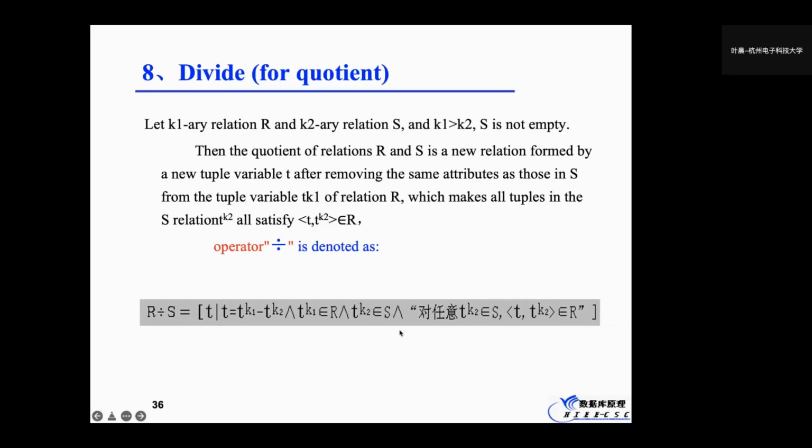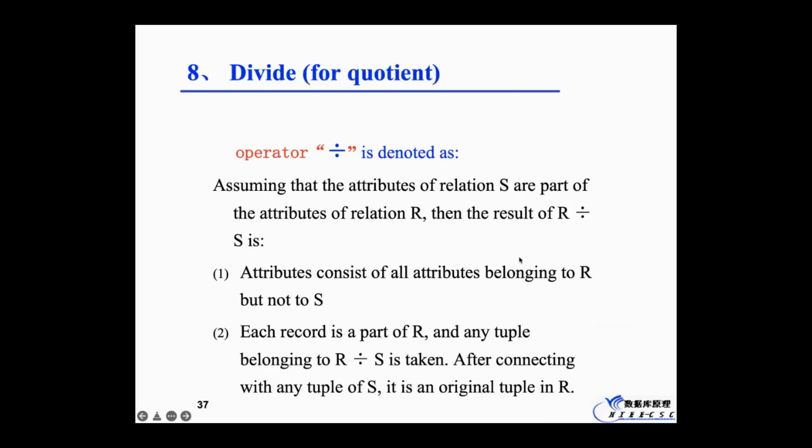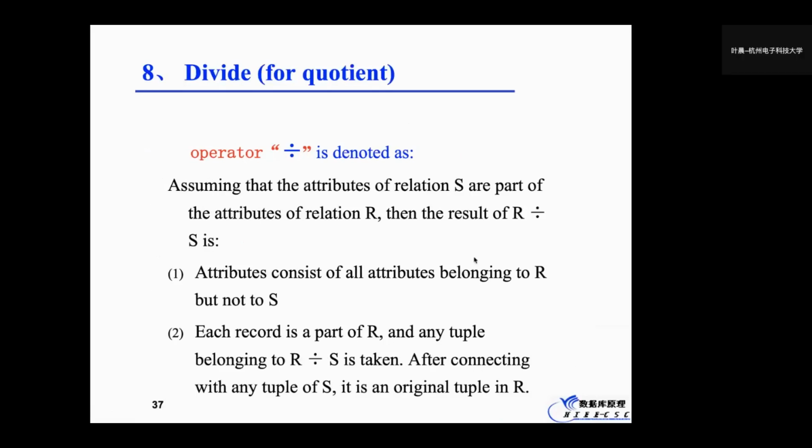Assuming that the attributes of relation S are part of the attributes of relation R, the result of R divided by S consists of the attributes belonging to R but not to S, and each tuple of the result is taken from R such that after connecting with any tuple of S, it is an original tuple in R.